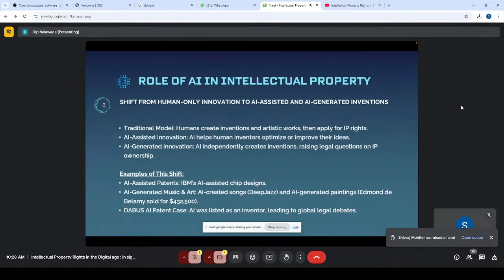The second aspect in this section is the shift from human-only invention to AI-assisted and AI-generated inventions. The traditional model was where humans create inventions and artistic work, then apply for IP rights. Conventionally, till a couple of years back, human intelligence was the only intelligence known to us. Animals were intelligent, yes, but it had its own limitations.